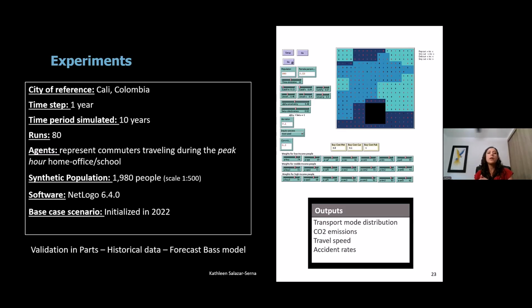And also we did cross-validation with the diffusion curve of products or services based on the Bass model. And in the simulation, we are tracking some indicators over the steps, like the distribution of transport modes, CO2 emissions, travel speed, and accident rates.